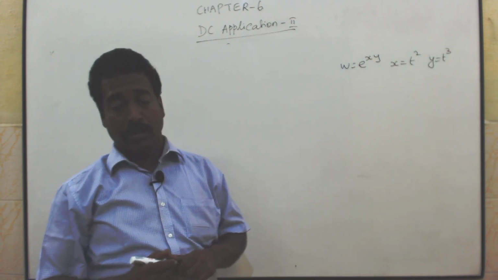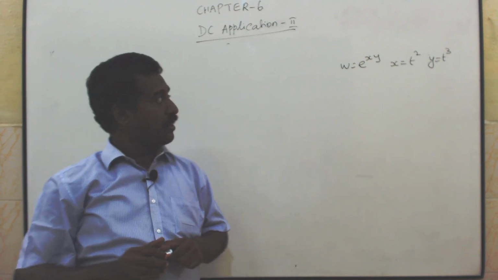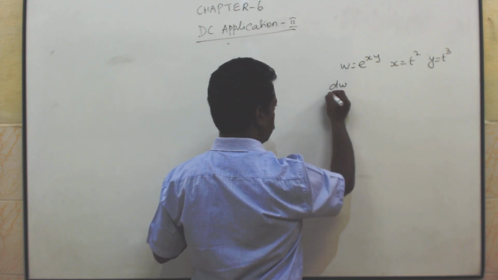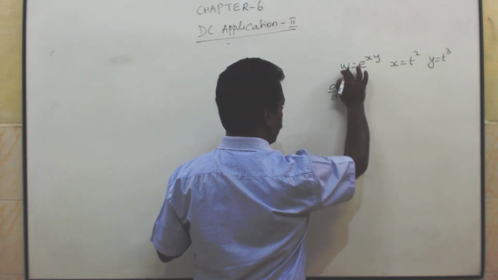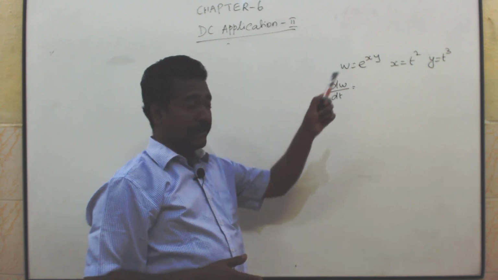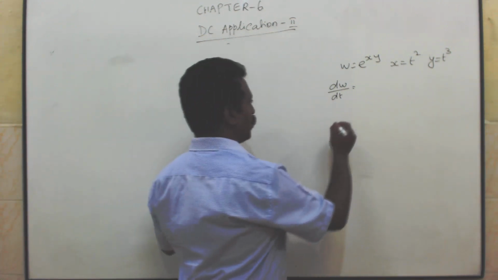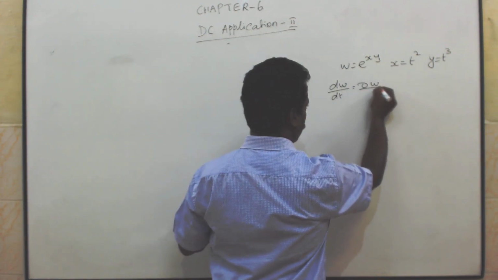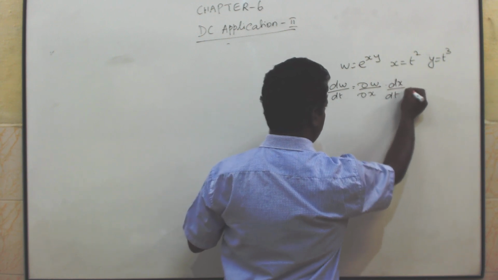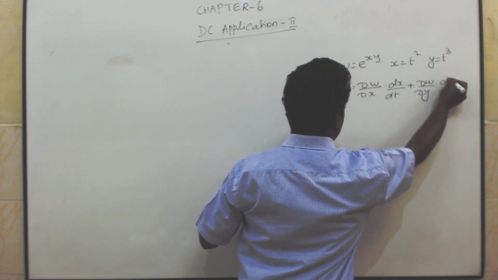We have to find dw by dt. w is the dependent variable of x and y, and x and y depend on the independent variable t. So dw by dt, you know the formula: dou w by dou x into dx by dt plus dou w by dou y into dy by dt.